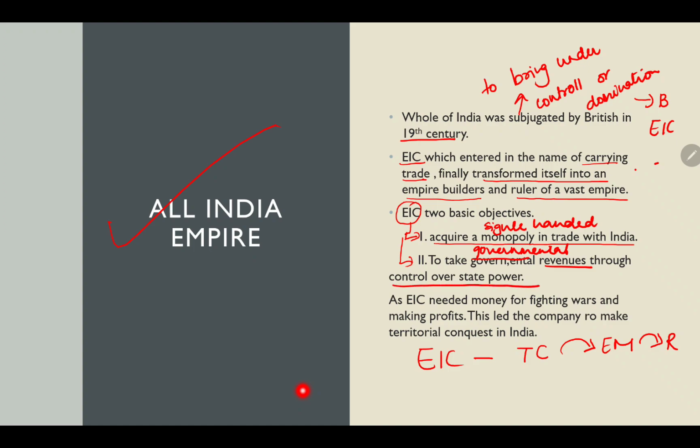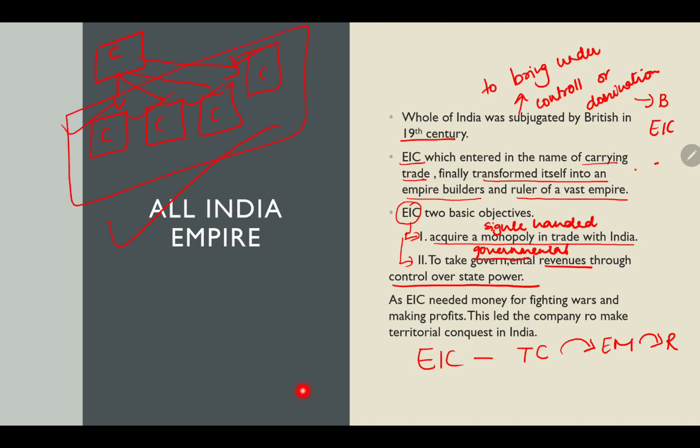If a big company wants to control a particular area, then it needs to control all the aspects of that area.